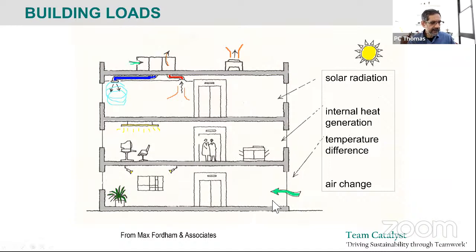And then lastly, we have the heat from exchange of air between the inside and the outside. And if you remember, we spoke about two kinds. One is infiltration, which you don't want because it's air leaking in from gaps in construction and so forth.